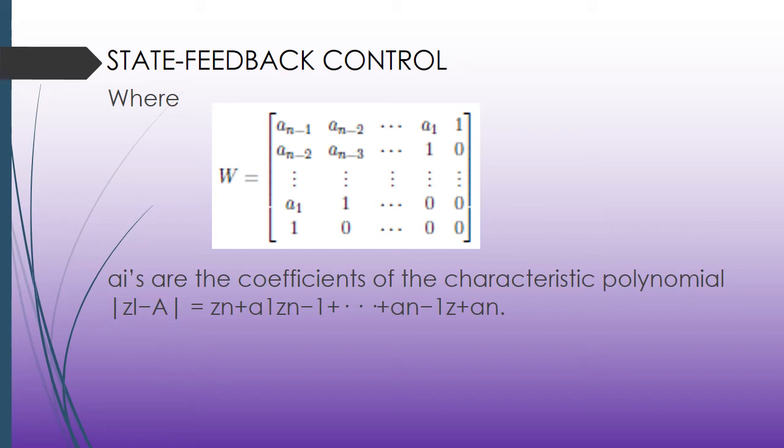The a_i are the coefficients of the characteristic polynomial, the determinant of zI minus A, which is equal to z^n plus a_1 z^{n-1} plus until a_{n-1} z plus a_n.